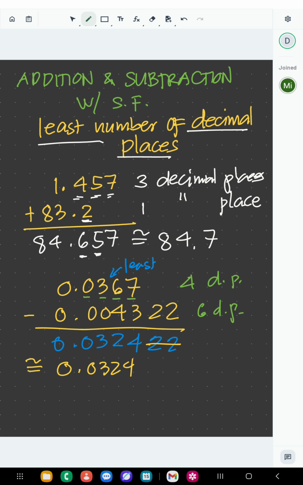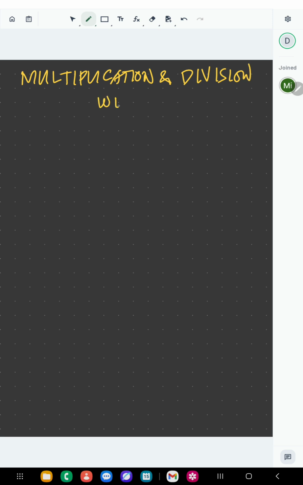Now let's go to multiplication and division with significant digits.